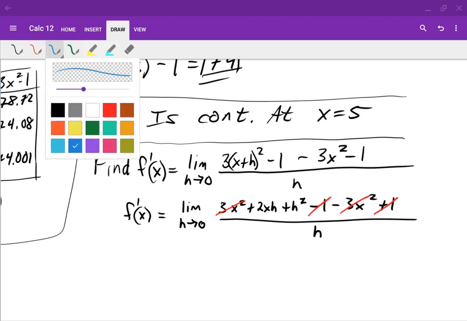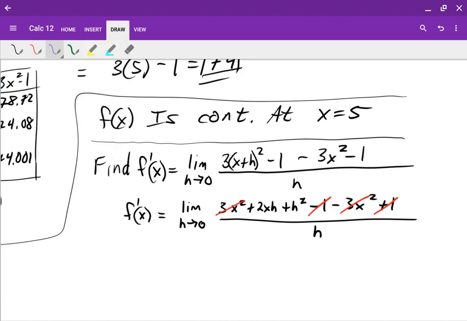Some further canceling is going to give us, let's go with purple or something. We can cancel this h with that h and that h, only because there's no other terms with h's in it.